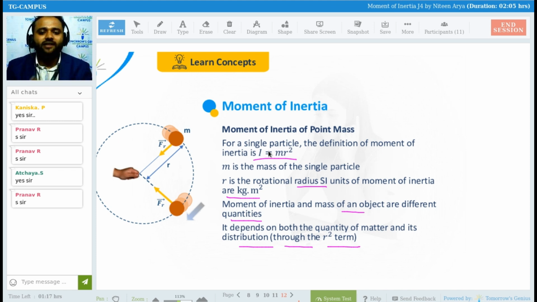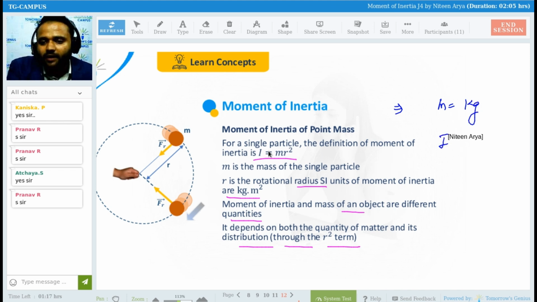That is why they are different quantities. And in terms of SI unit, mass has the unit kilogram only, while I, which is m r squared, has the unit kilogram meter squared. So in that sense it is also different.